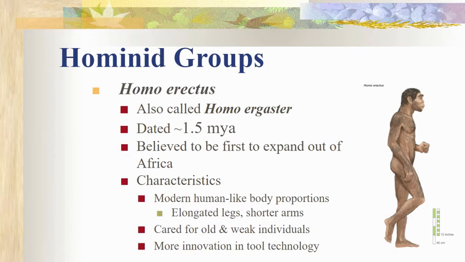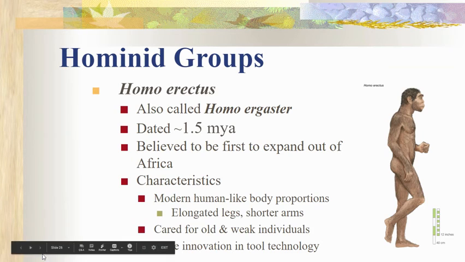So it had much longer legs and much shorter arms than previous species. There's evidence that it cared for its old and weak individuals. So it was showing a lot more social characteristics and more innovation in tool technology. So more advanced tools.